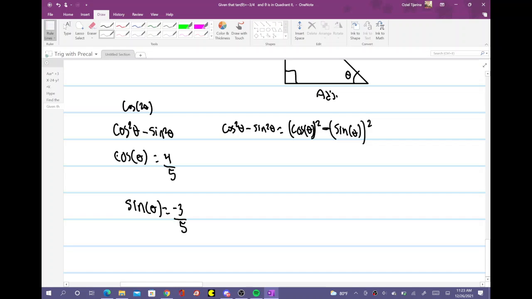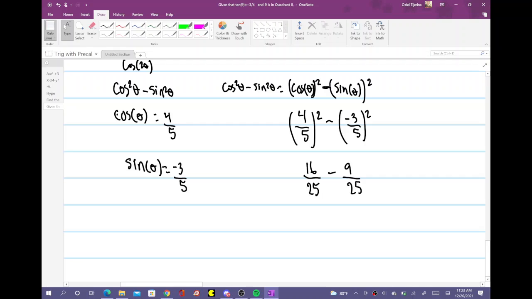So just plug in the numbers. You're going to have 4/5 squared minus -3/5 squared. So this becomes 16/25 minus 9/25. So 16 minus 9 is 7. So cosine of 2 theta equals 7/25.